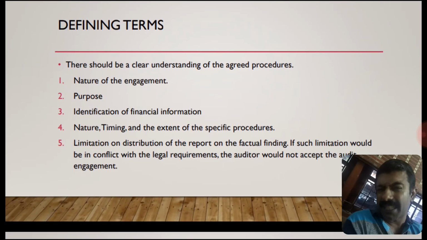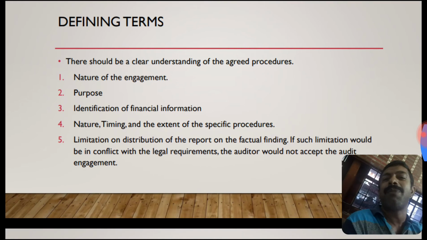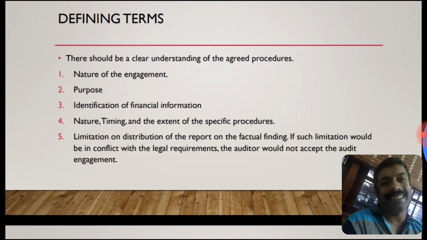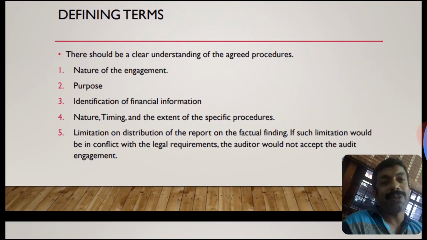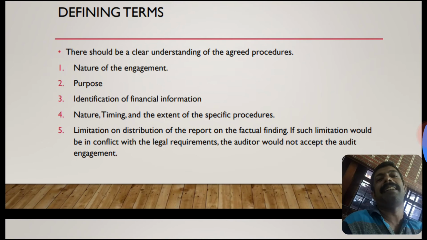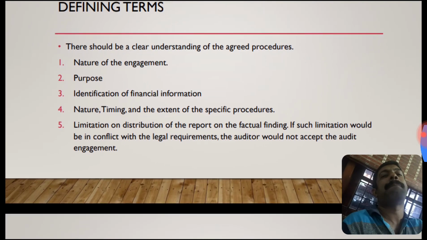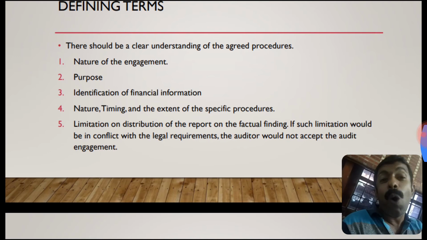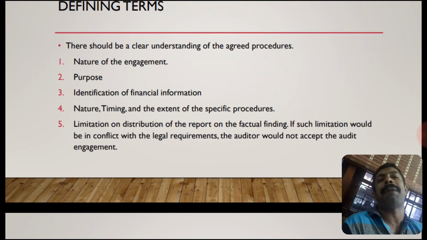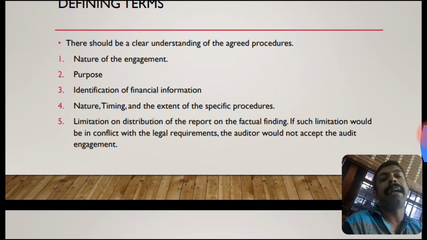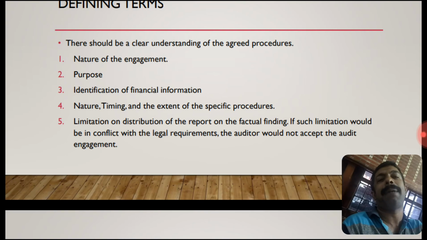Defining the terms. It's a specific contract, so a specific agreement has to be made. So let us see that. What is the nature of engagement? It is a franchisee. What is the purpose? To find out whether all the standards stipulated by the client under the agreed upon procedures have been complied with.